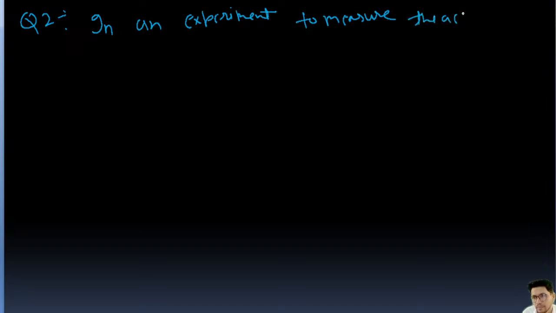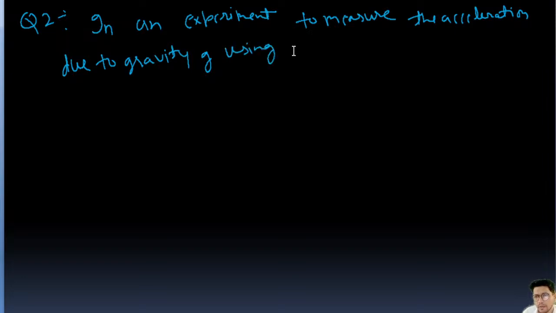Okay, in an experiment to measure the acceleration due to gravity, G, using a simple pendulum, the length and time period of the pendulum are measured to three significant figures.